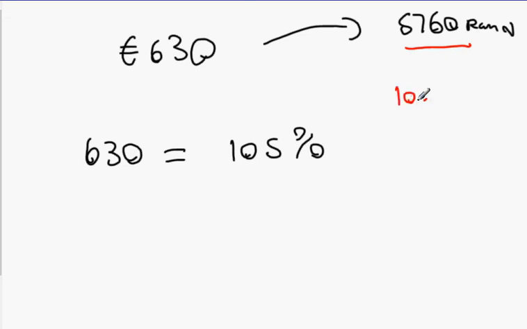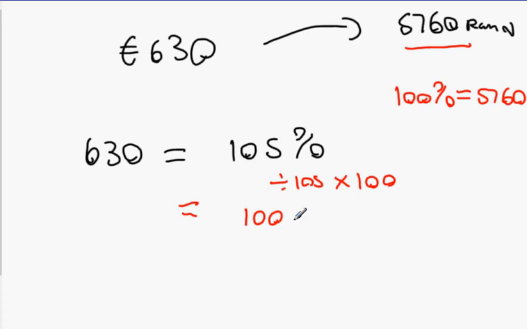So if 100% of your money is 5,760 rand, this means that including the 5% charge, you paid €630 for that. Okay? So what we're going to do is divide by 105 and multiply by 100. So we're going to find out what 100% is in terms of euro. You divide by 105 and multiply by 100, you get 600.